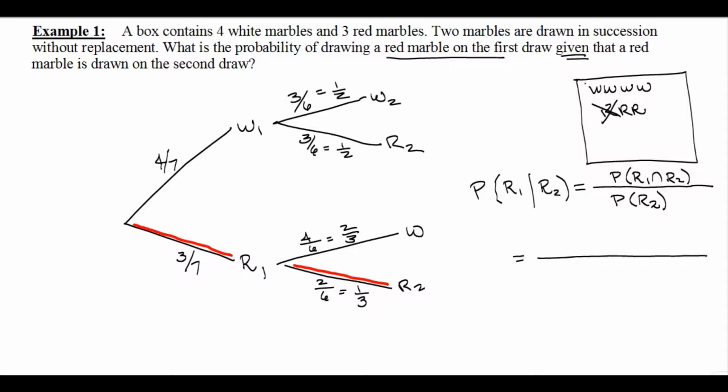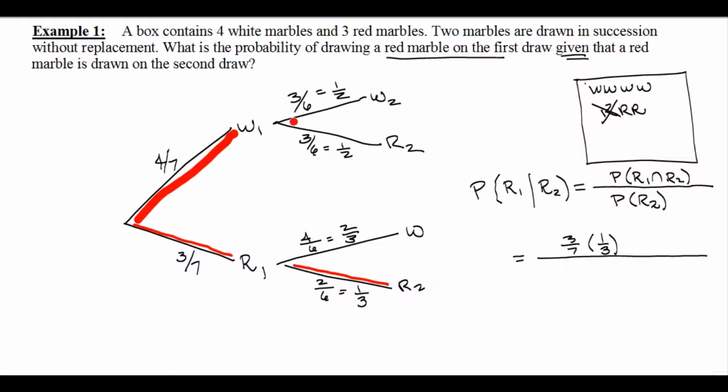So our intersection, our numerator, will be 3 sevenths times 1 third. Our denominator is what? We need to take all the possible ways that we can obtain R2 and add them together. So how on our tree can we get to R2?